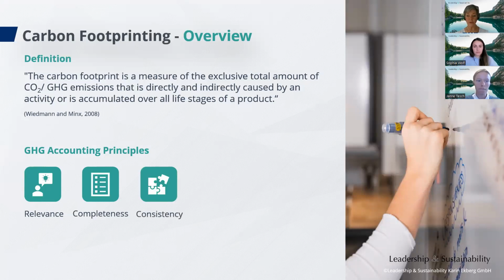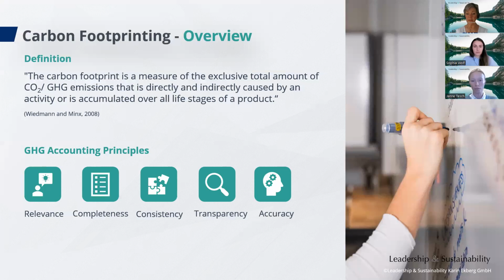Consistency assures the consistent use of methodologies to allow for valuable comparisons of emissions over time. And transparency facilitates addressing all relevant issues in a factual and conclusive manner. And finally, accuracy ensures that uncertainties are reduced as far as practicable.